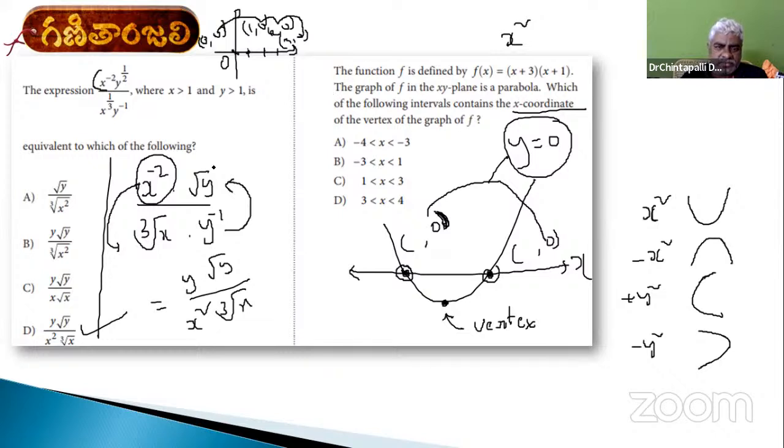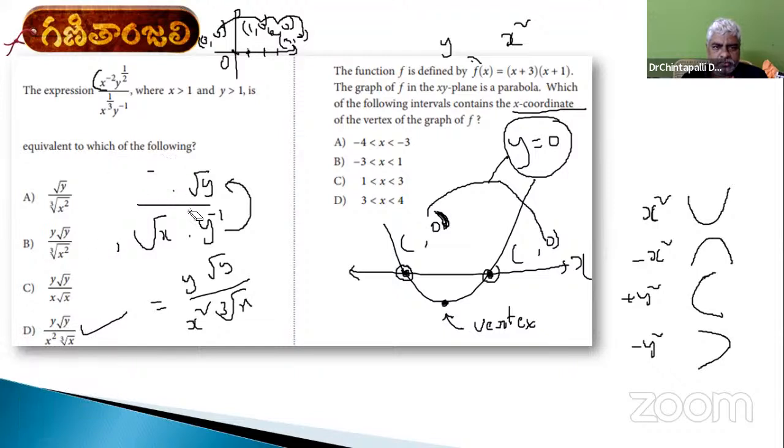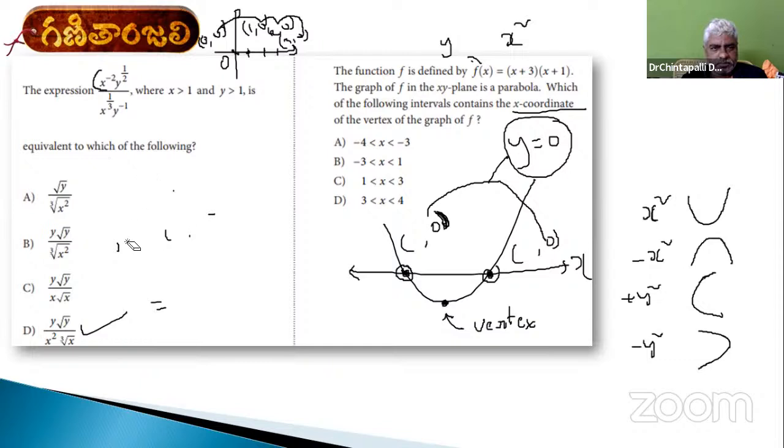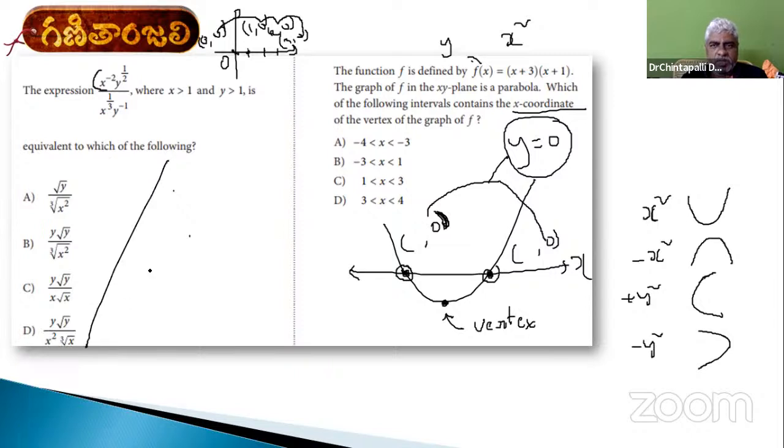What happens? The given equation is y equals (x plus 3) times (x plus 1).